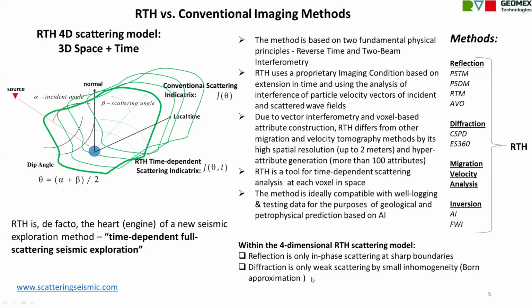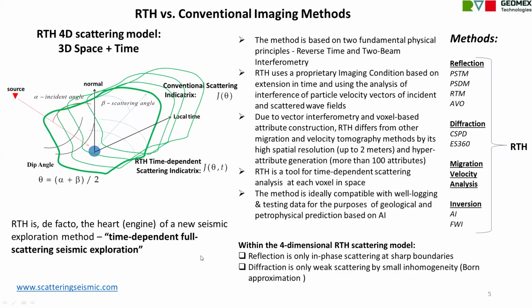It is only weak scattering by small inhomogeneities, the Born approximation. So reverse time holography, by mathematical reason, covers all existing approaches and methods: PSTM, reverse time migration, IVO, CSPD, diffraction, migration velocity and inversion.